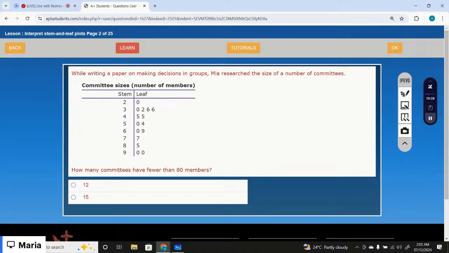While writing a paper on making decisions in groups, Mia researched the size of a number of committees. How many committees have fewer than 80 members? So which is the correct option?